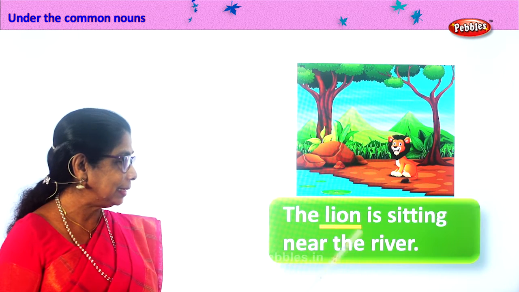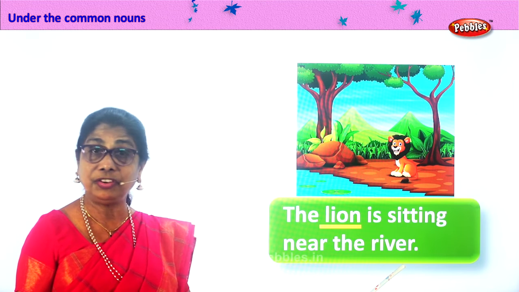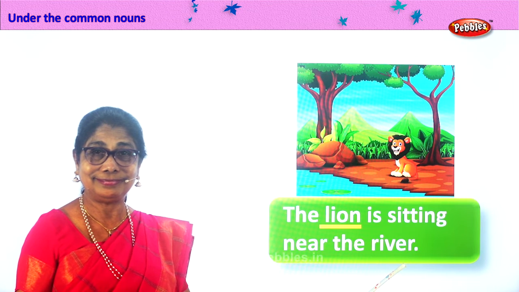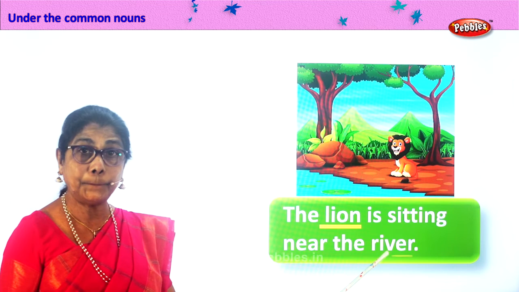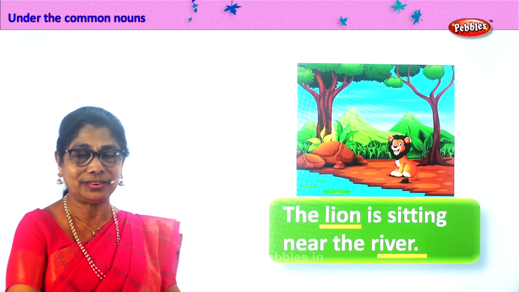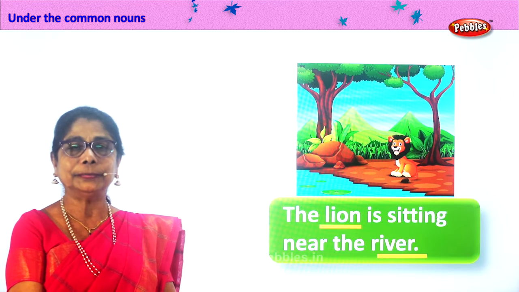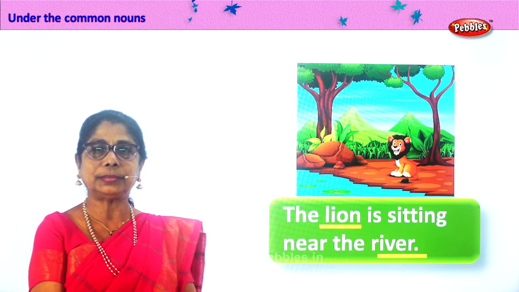And where is he sitting? Near the river. River is a common noun. It can be any river. So, lion, river, both common nouns. Did you enjoy? Let's look at another picture, the sentence.